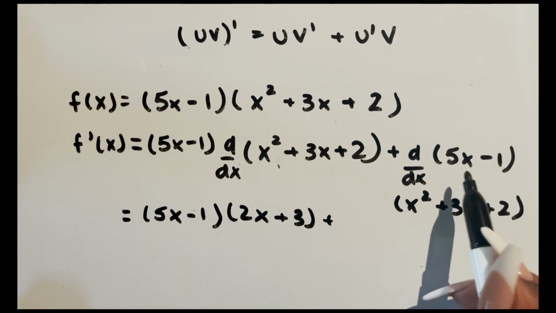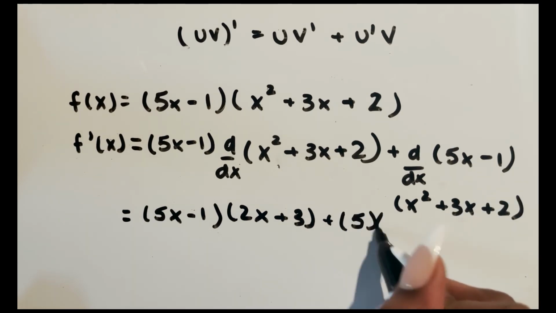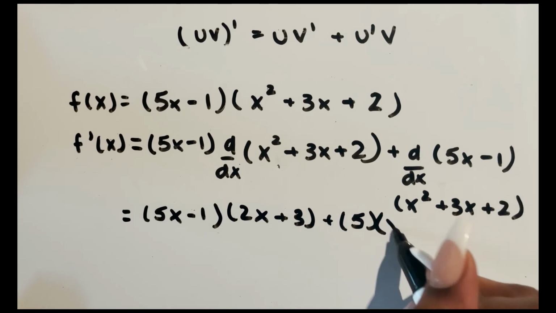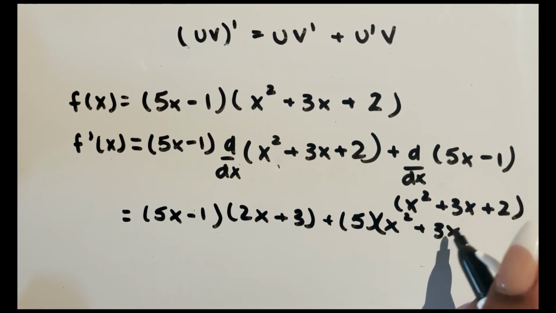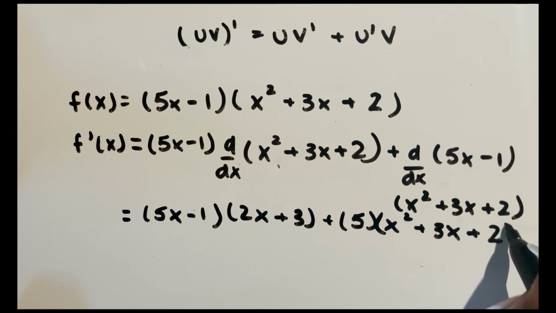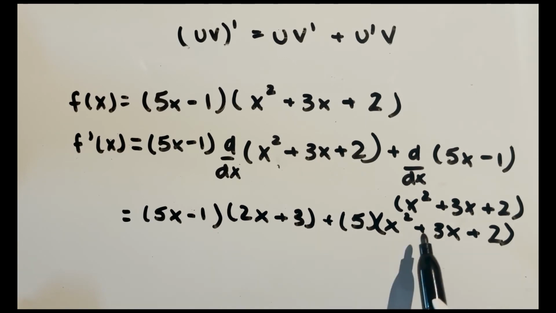Plus the derivative of 5x minus 1, which gives us 5 times x squared plus 3x plus 2. So on this side of the addition symbol, we'll FOIL, and on this side, we'll distribute our 5.